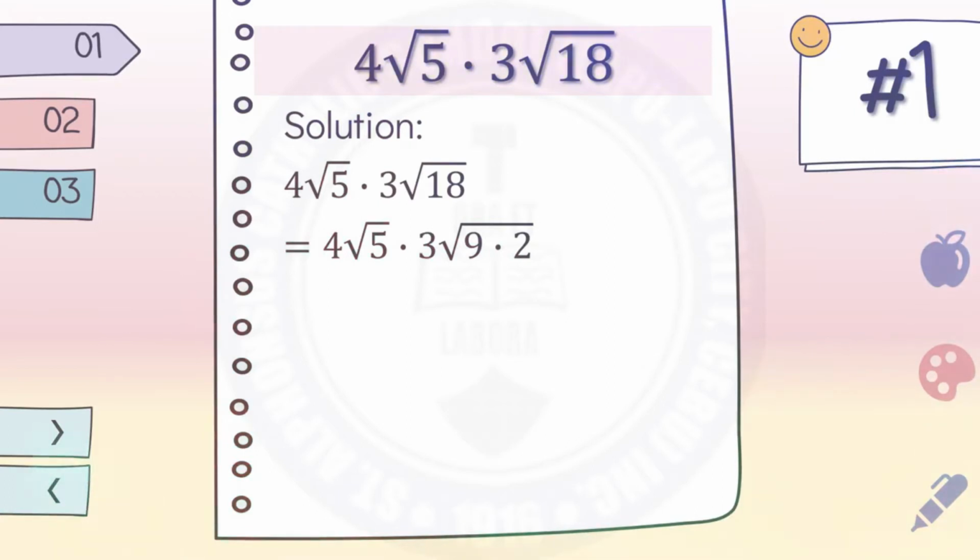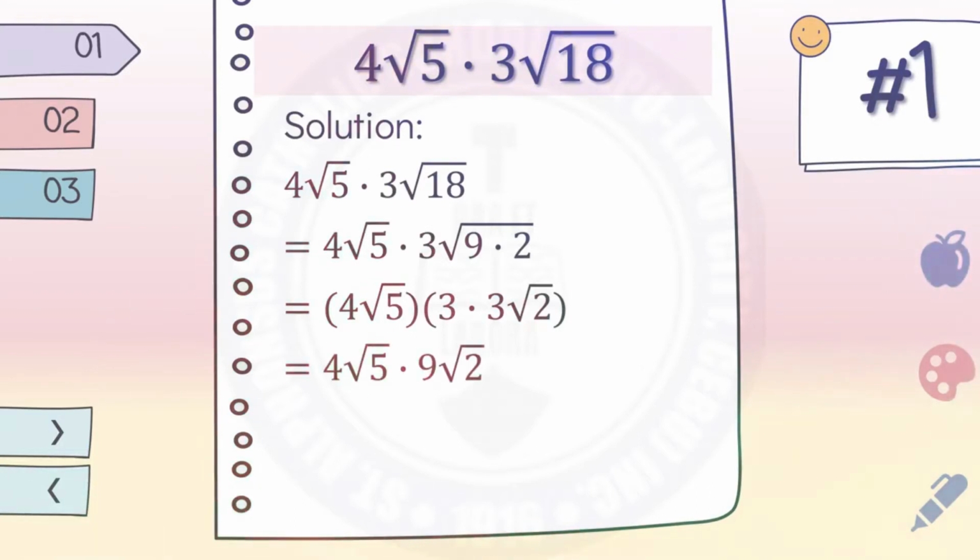So 4 square root of 5 times 3 square root of 9 times 2. As we continue, you will have the quantity 4 square root of 5 times the quantity 3 times 3 square root of 2. Then you have 4 square root of 5 times 9 square root of 2.